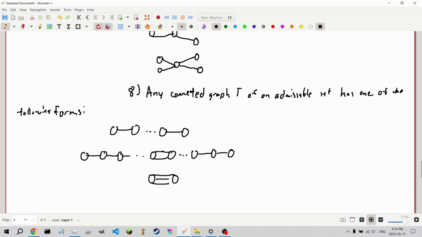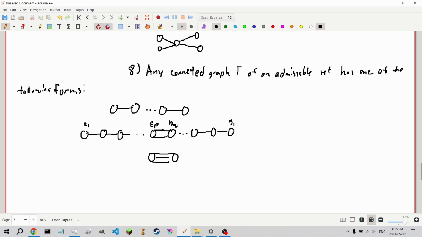In the second case, we're labeling these eta 1 through eta p, and then in the other direction, epsilon 1 to epsilon p, in the other direction, eta 1 through eta q. And then we have a fourth version, which is epsilon 1 to epsilon 2, numbering all the way into epsilon p minus 1 to a branching point C, which connects to eta p minus 1 and forms a single chain all the way up to eta 1.